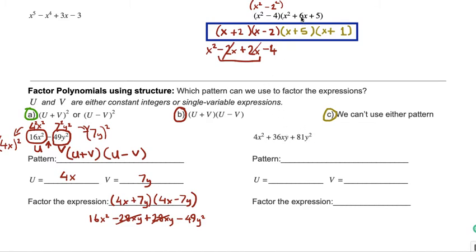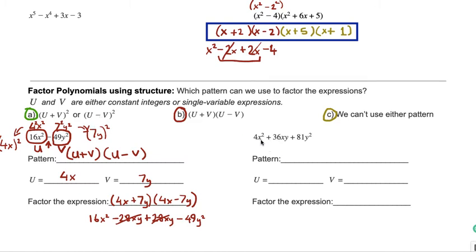If our middle term is positive, we know that we're going to be dealing with a positive in our factor. The two factors are both going to be positive, they're both going to be sums, right? If our middle term is negative, then the sign in the middle is going to be negative.